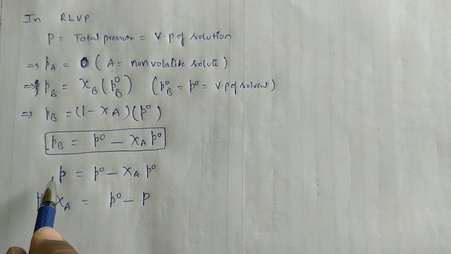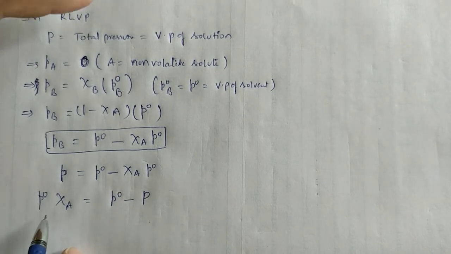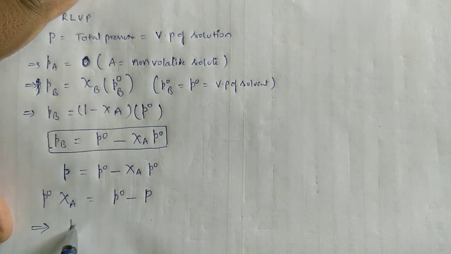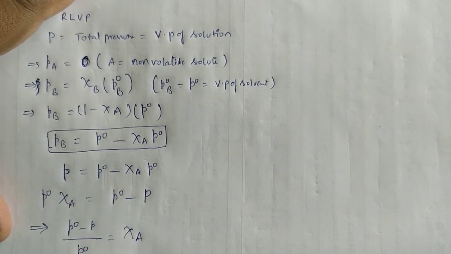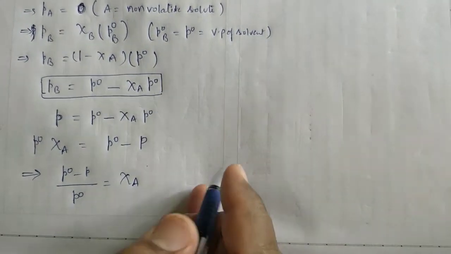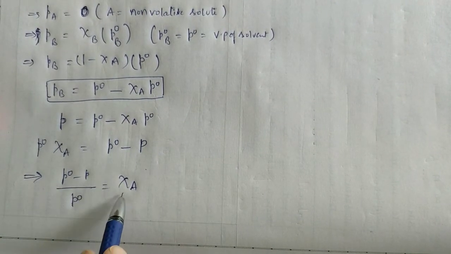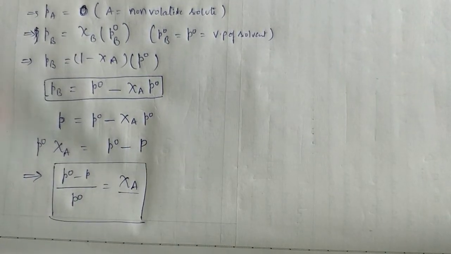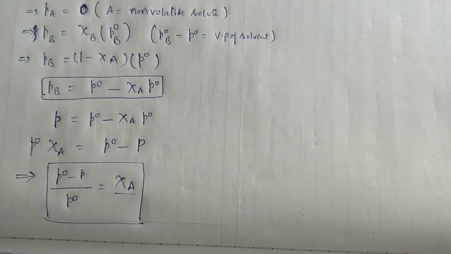This one minus is not there, so when it comes this side, it will become minus P. P naught into chi a is equal to P naught minus P. This implies P naught minus P by P naught is equal to chi a. This is called relative lowering of vapor pressure. That relative lowering of vapor pressure is equal to chi a.